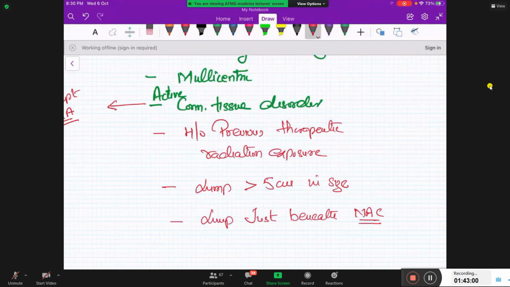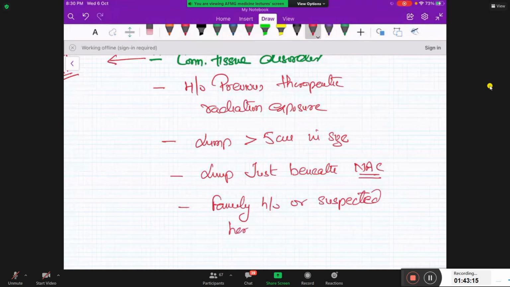And one more, sorry: family history or suspected hereditary carcinoma breast.